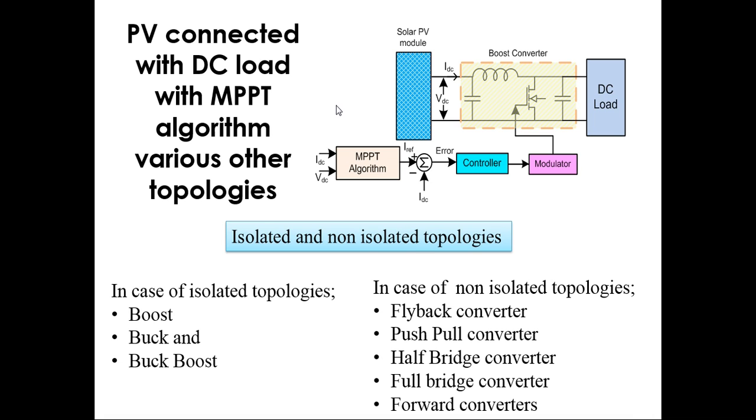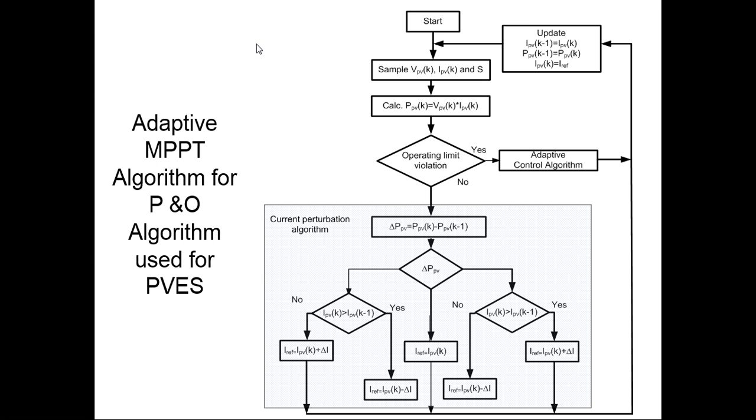Now, I'll try to demonstrate the adaptive one. So this is the algorithm I was talking about. This part is from perturb and observe, and this part is newly introduced. I'm thankful to the author for providing us such an efficient algorithm to generate the maximum power point.